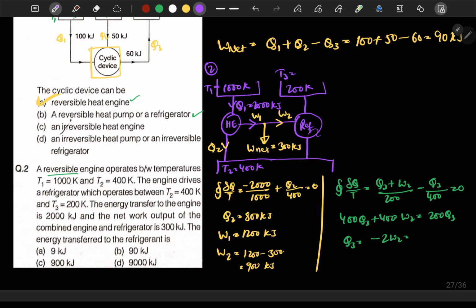Here the heat will be rejected from the 200 Kelvin thermal reservoir. Let's say this is Q3, and here it will be Q4, which is equal to Q3 plus W2, and we can correct this one also.